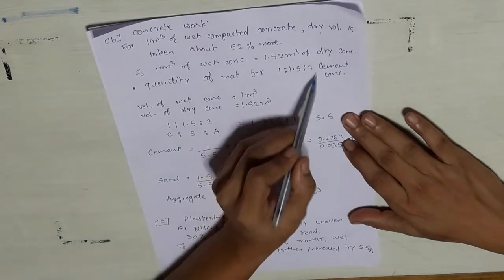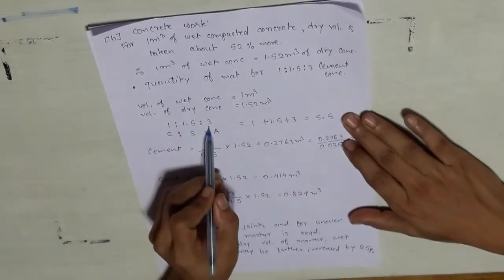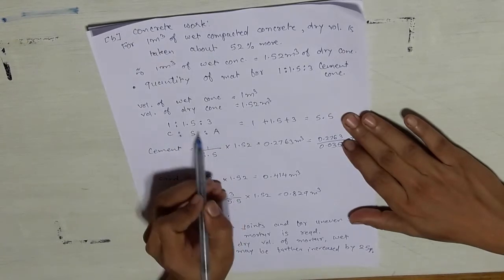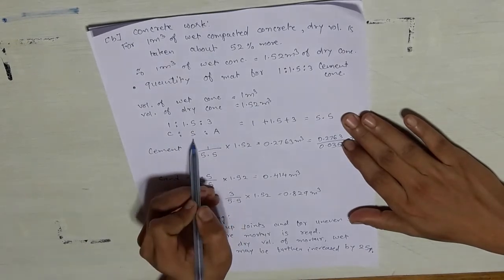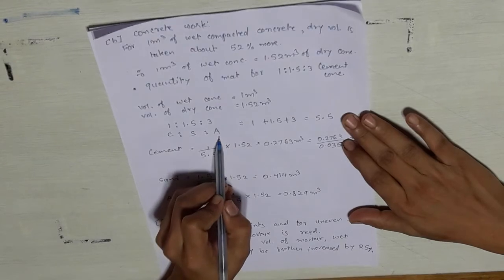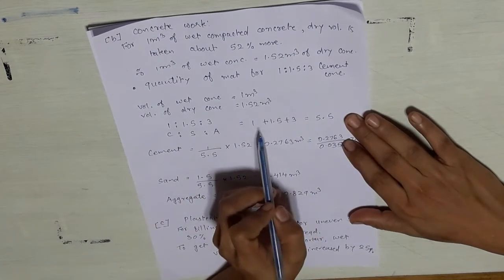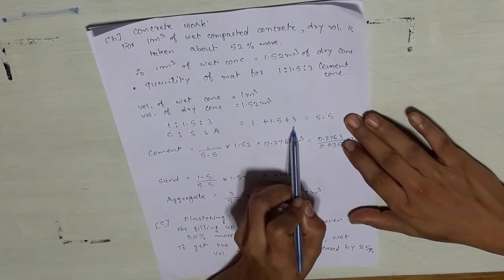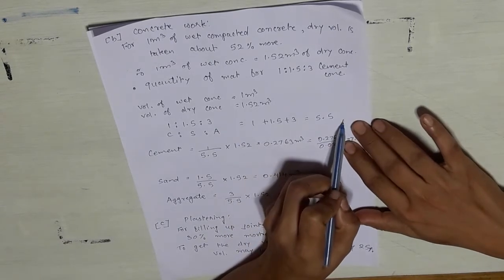So the volume of the wet concrete is 1 meter cube, and dry concrete is 1.52 meter cube. Here the proportion is 1:1.5:3, 1 part cement, 1.5 part sand, and 3 part aggregate. If we total it, 1 plus 1.5 plus 3, that comes to 5.5.